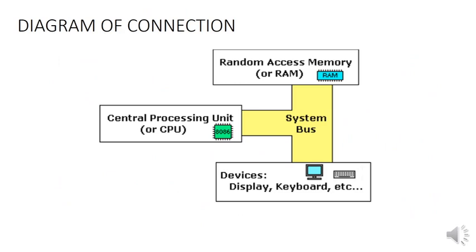Diagram of connections. Look at the central processing unit here. Look at the random access memory, RAM, which is your main memory. Look at the bus system, which carries all the signals to and fro. Then look at the display device, which is an output device that shows us what is inside the system, or what we use to instruct the system.